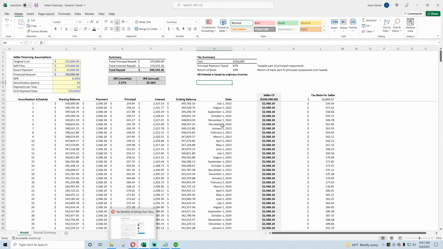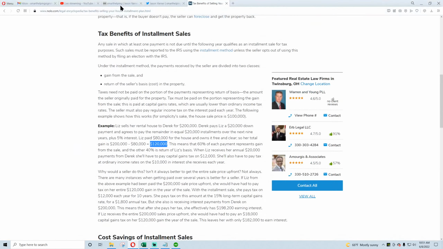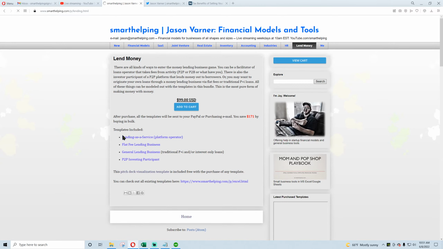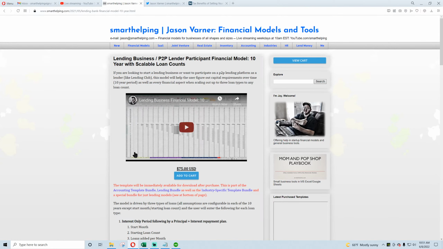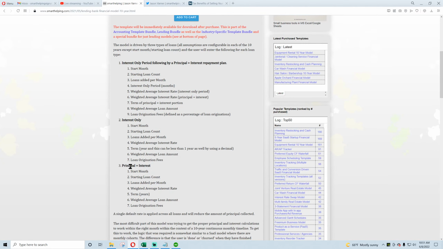And actually, I always wanted to do that since I learned about it, because I've got the general lending model here for 75 bucks. This thing scales out 3 different loan types. So we'd mainly just be looking at this principal plus interest, but we want to show the difference of the actual cost, what would be considered cash requirement, your cost of whatever you're selling.